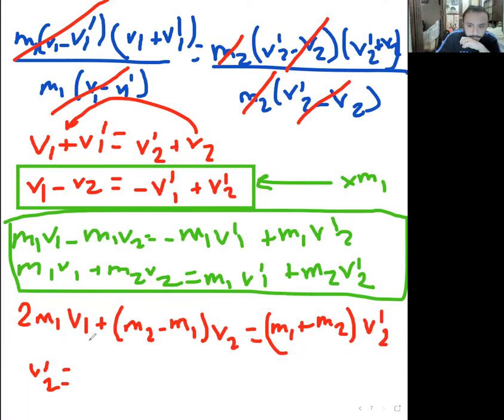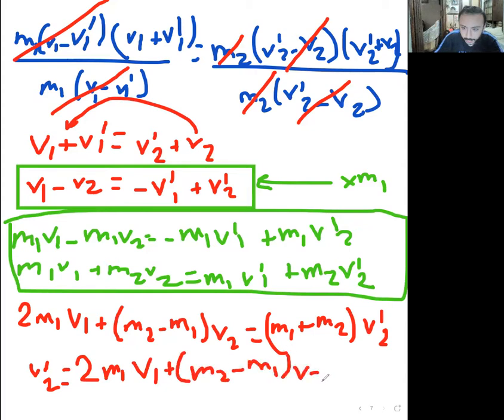Okay? And then you can, okay, I will do it. So you get v prime 2 equals this over m1 plus m2. And then you can write v1 alone and v2 alone.